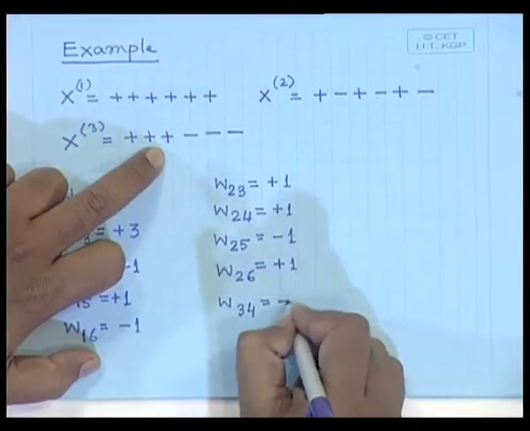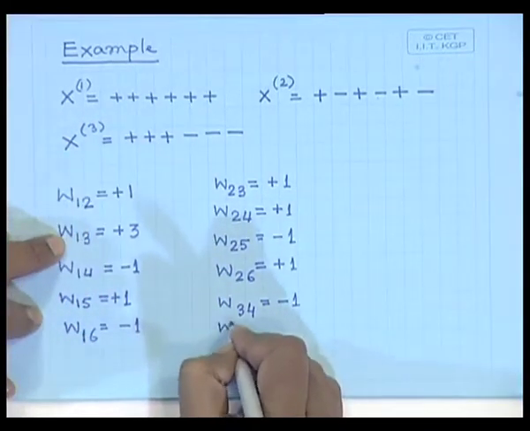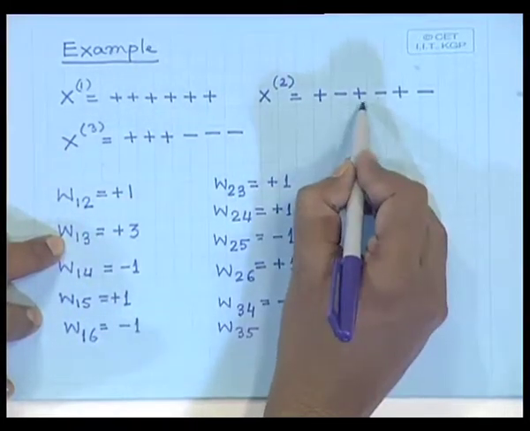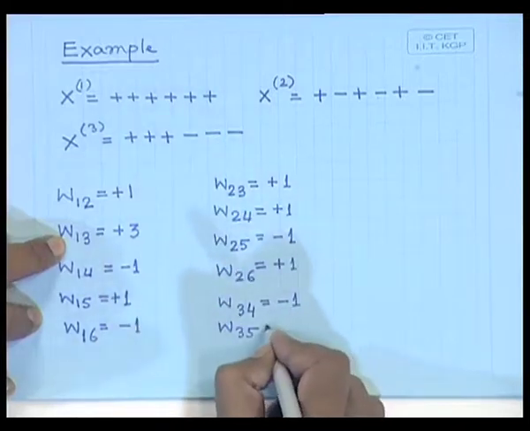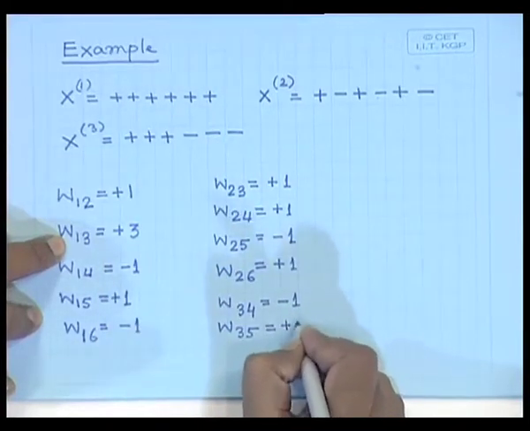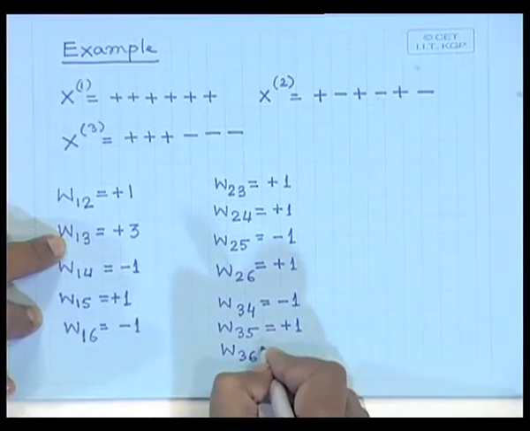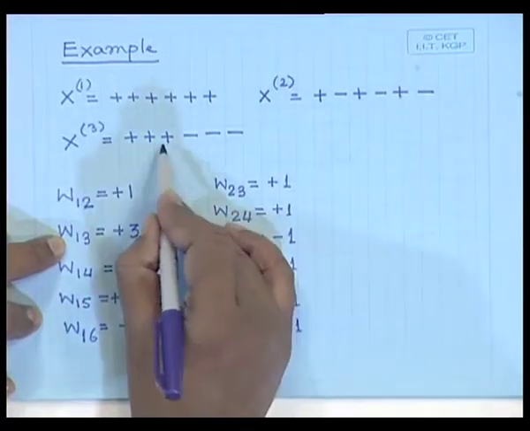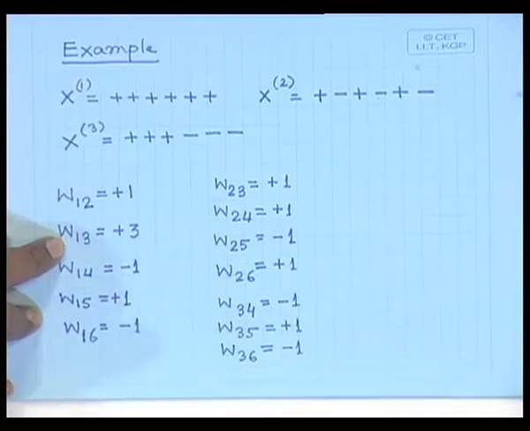So, W34 becomes minus 1. W35, here it is plus 1, here also it is plus 1, here it is minus 1. So, W35 becomes plus 1, and W36, here it is plus 1, here it is minus 1, here also it is minus 1. So, W36 becomes minus 1.